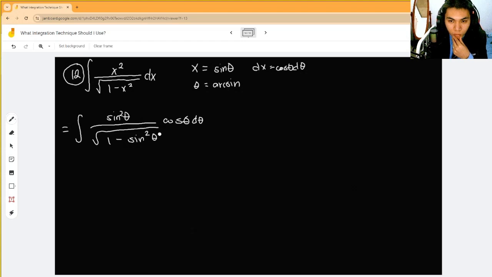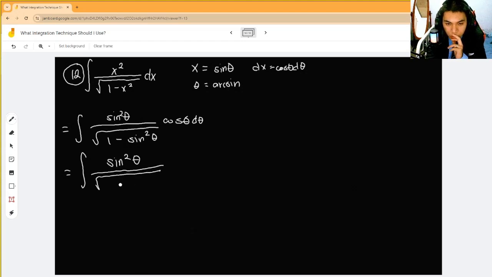Okay. So 1 over sine theta is the same as cosine squared theta. So we have sine squared theta over the square root of cosine squared theta. And let's make sure that we have the cosine theta here, d theta.